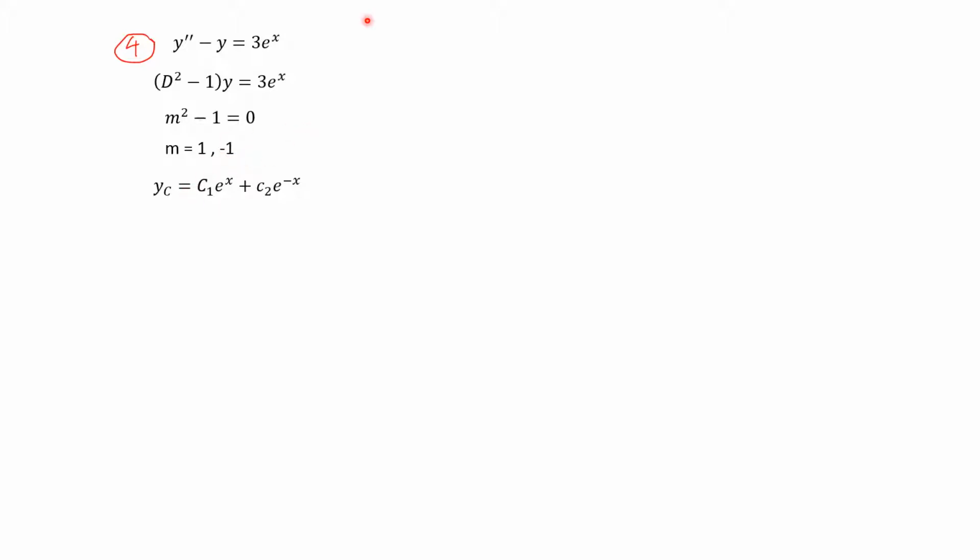Now analyze this 3 e to the x, this one. Our yp, based on our table, should be a e to the x, and then compare the two. You notice that a e to the x is the same as c1 e to the x.